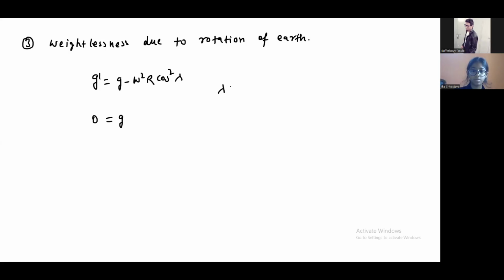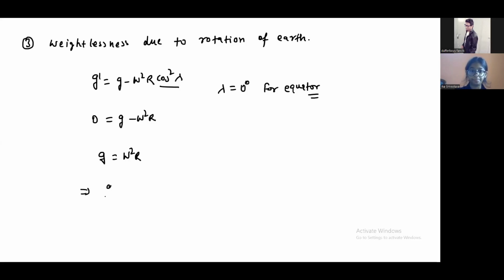Let's suppose we are at the equator, so lambda is 0 degree. This is one case. So g minus omega square r, the cos value is 1, so we get g equal to omega square r.